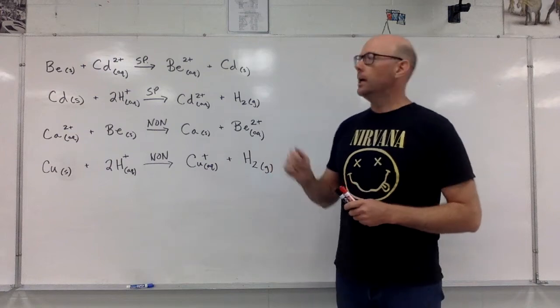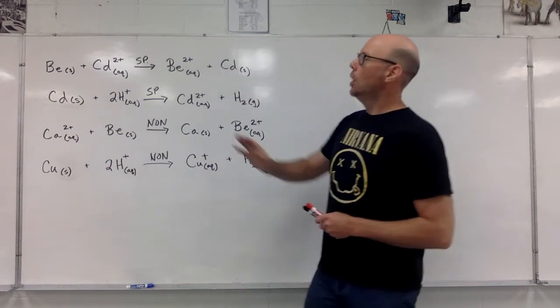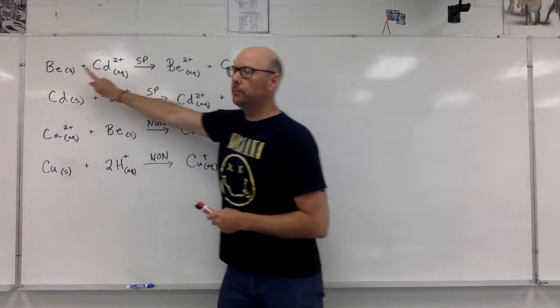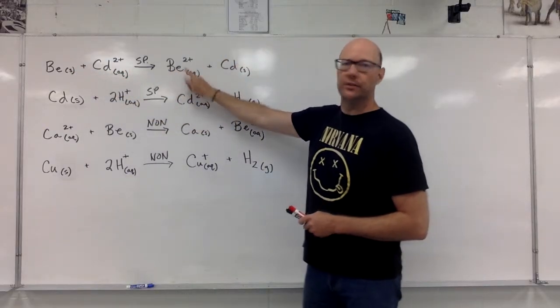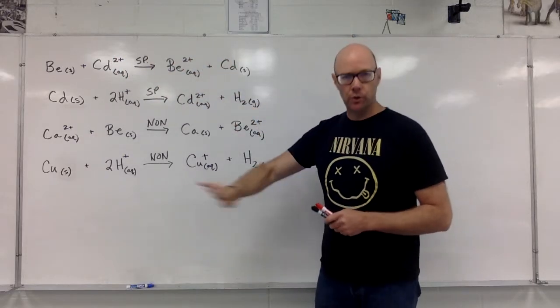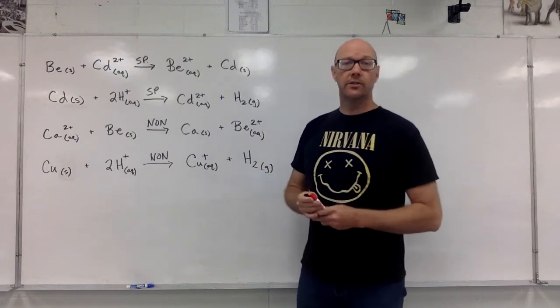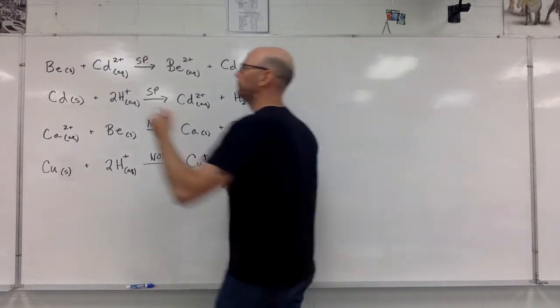Our first step is to identify the oxidizing agent and the reducing agent. We have beryllium solid becoming beryllium ions. The neutral atom became positively charged by losing electrons, by getting oxidized. The beryllium solid here is the reducing agent.